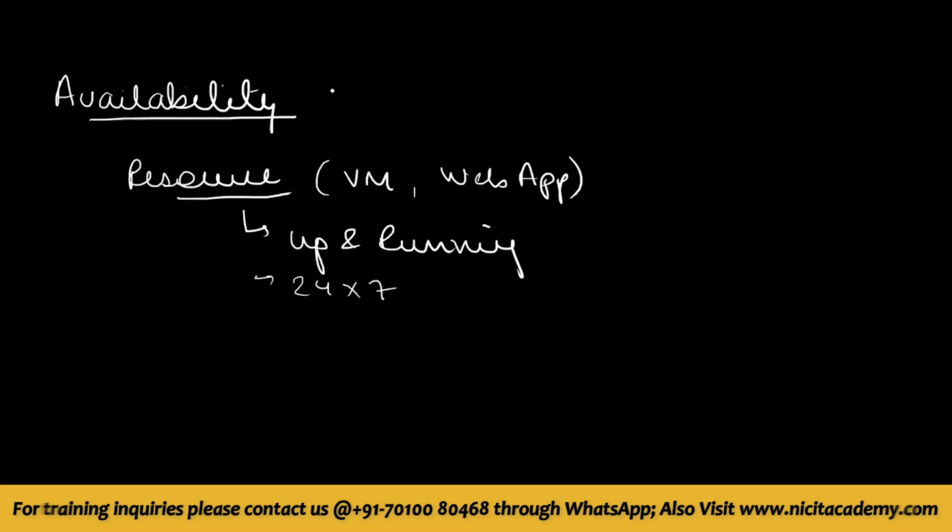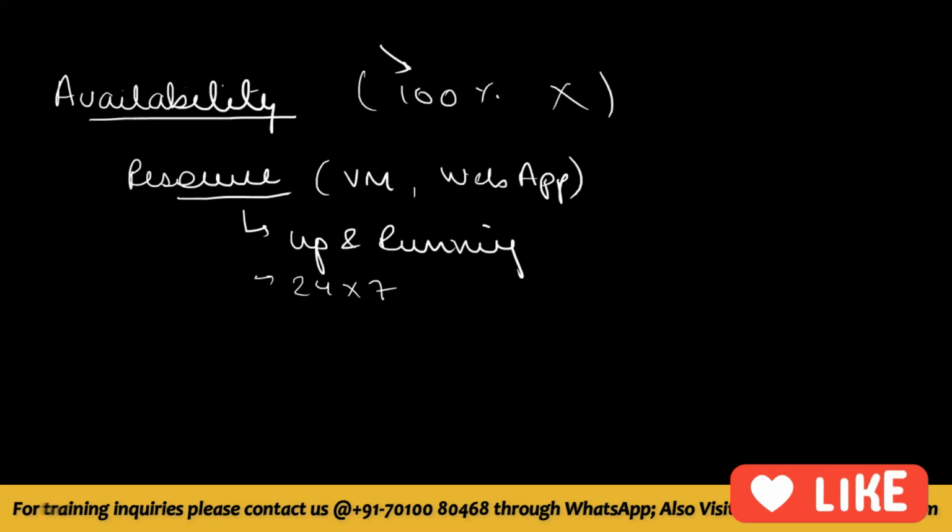Therefore, 100% availability is not possible. 100% availability is a myth. We try to reach 100. So you try to go nearer and nearer to that 100% number, and there are different ways to do that. We'll discuss later today what you can do to increase the availability and go closer to 100.